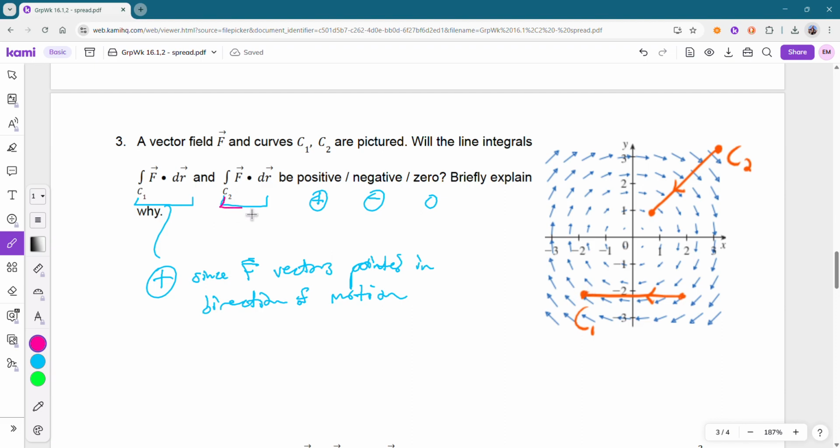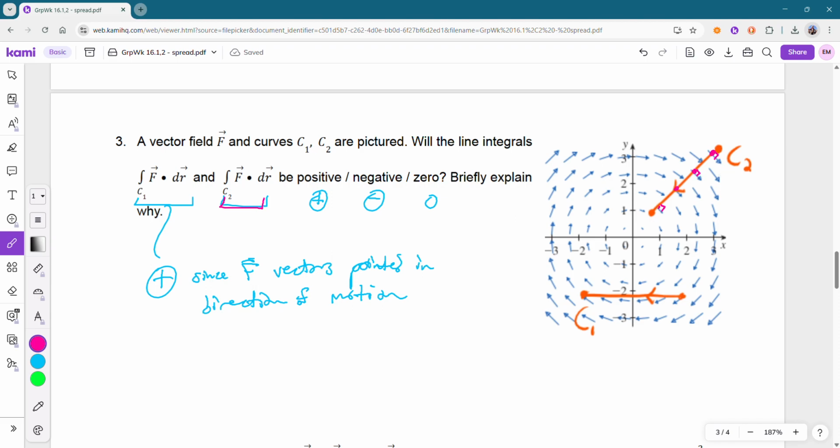And now for our second curve, C2, we're moving in this direction. Now notice our vector field vectors are coming out, it looks to be orthogonal to our curve here. And so as we move in this direction, the tangential components are all going to be 0.